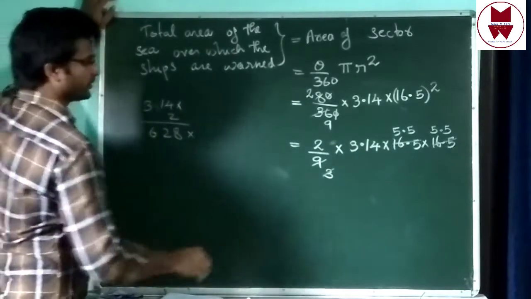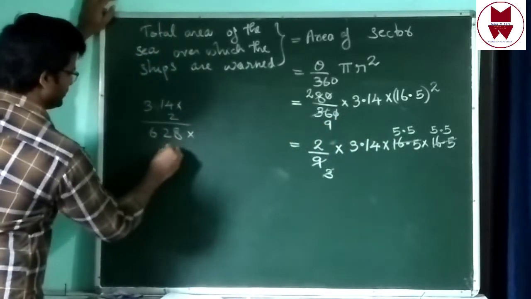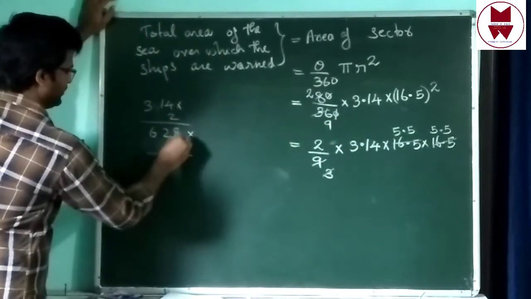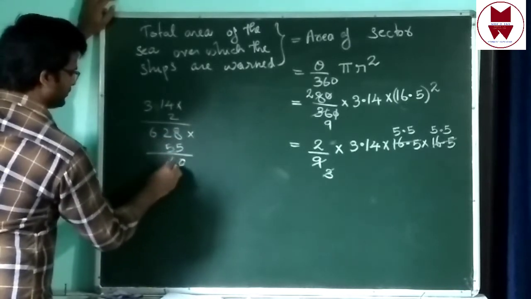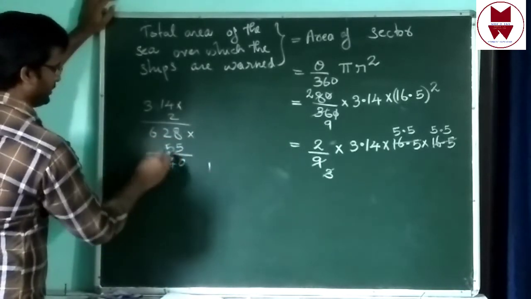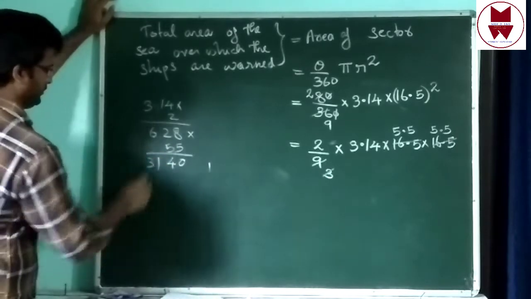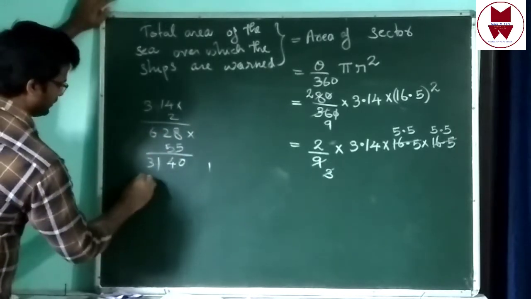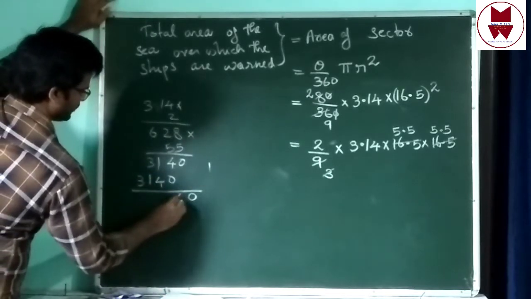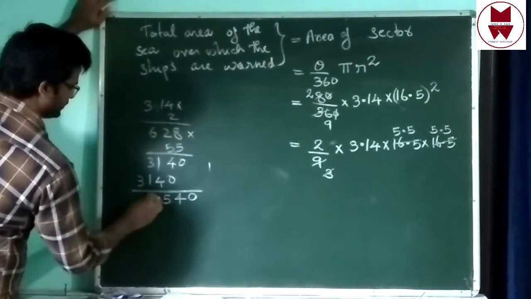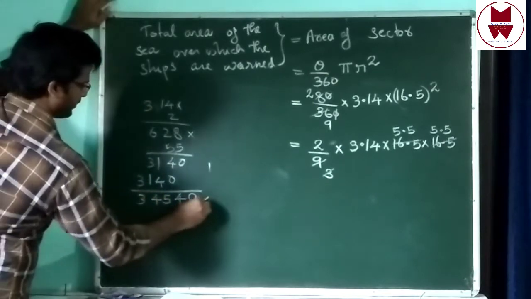Then into 55, 55. That point just leave it. 5 into 8, 40, 10 plus 4, 14, a remainder 1, 30 plus 1, 31. Same number we will get.